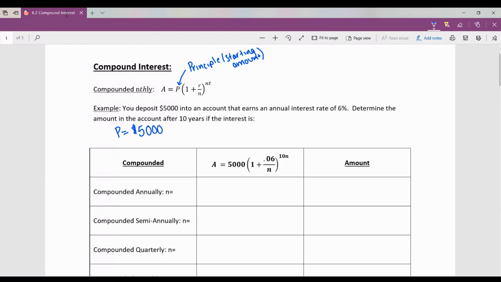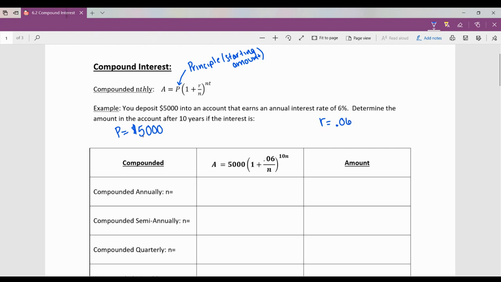Okay, and then into an account that earns an annual interest rate of 6%. So we talked about the rate, and what we did with this rate is we changed it into a decimal. We moved the decimal point over 2 to the left, so 0.06.